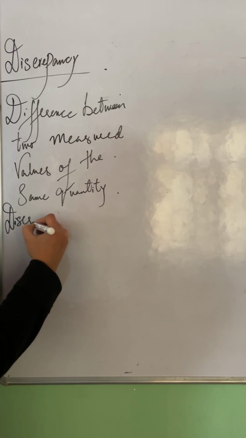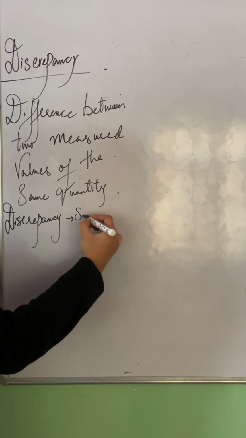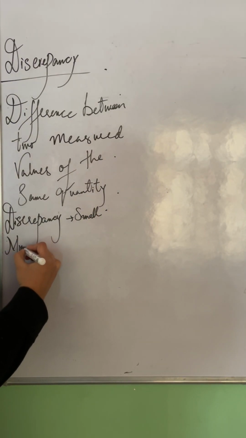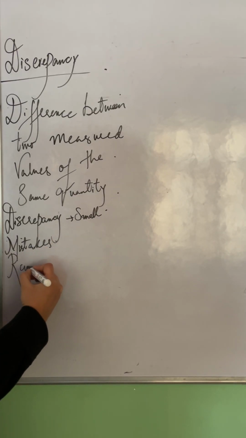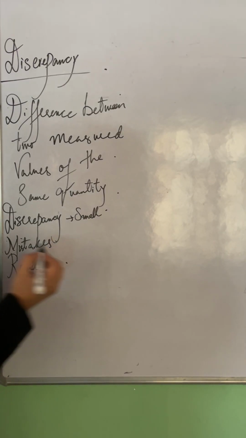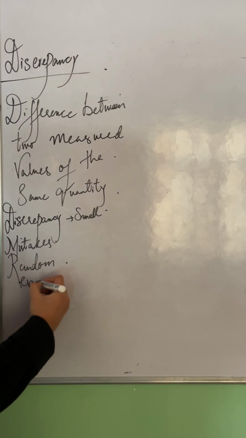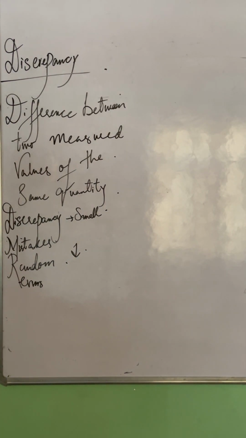If our discrepancy is small, it definitely means that our mistakes and our random errors, also known as accidental errors or compensating errors, are also small, but it does not guarantee that our systematic errors will also be small.